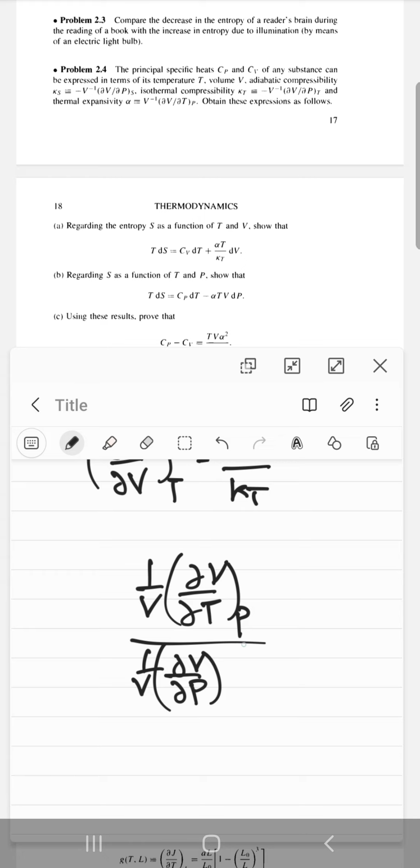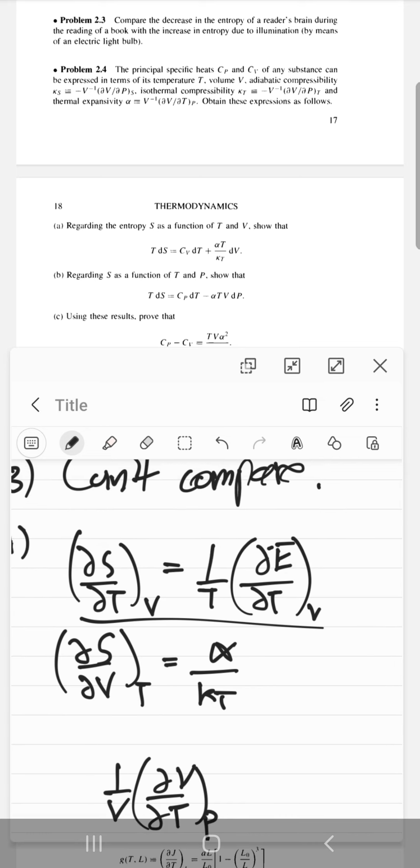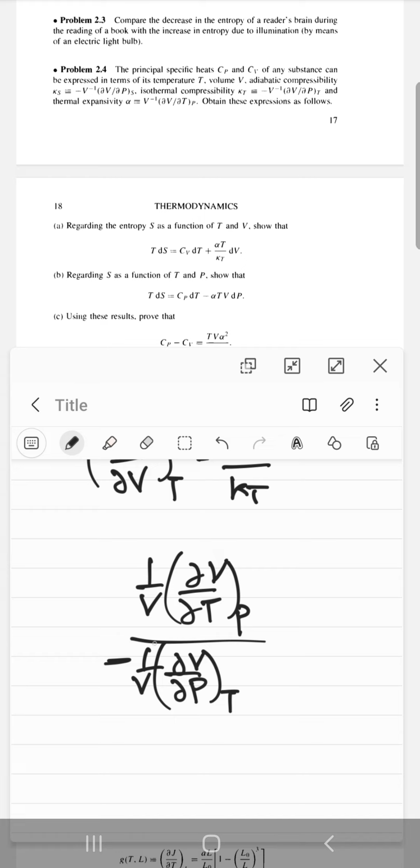At constant temperature. Okay, it's actually negative for some reason, and this one is not negative. That's weird, but whatever, just deal with it. So this cancels, and what you get is essentially partial V by partial T at constant pressure.